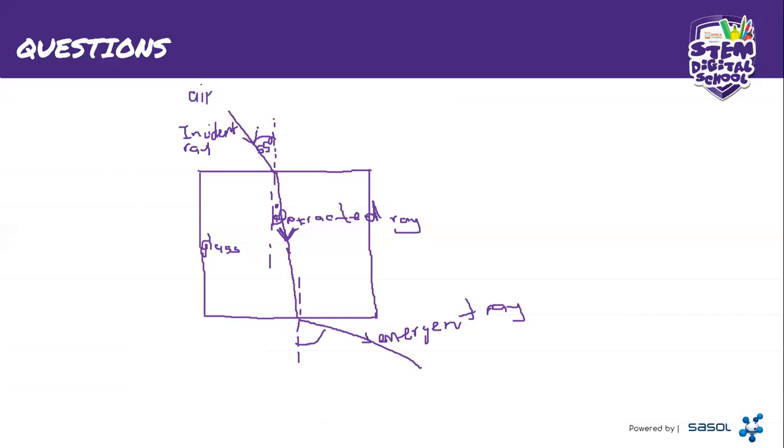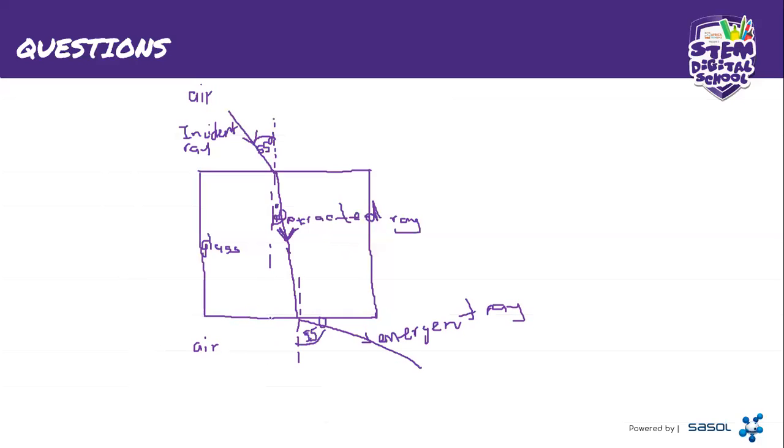And the value of the angle of emergence is the same as the value of the angle of incidence, because we know the angle of incidence is equal to the angle of emergence, and it must be between the normal as well as the emergent ray altogether. So this is the medium and that one is air.